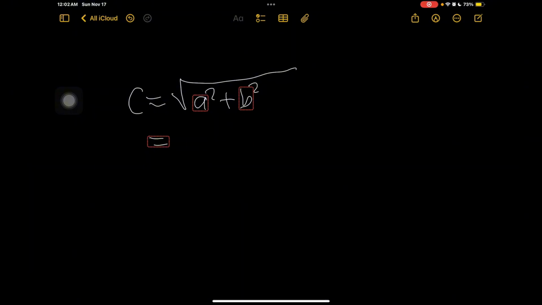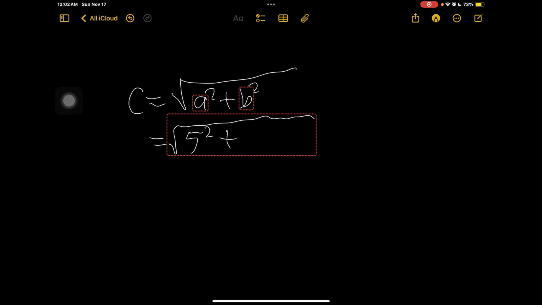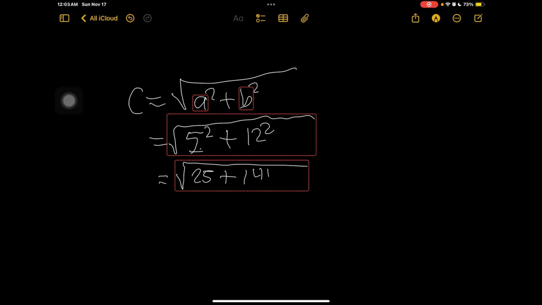So let's put the 5 meters. So don't forget the square root. 5 meters squared plus 12 meters squared. So 5 multiplied by 5 is 25 plus 12 multiplied by 12 is 144.